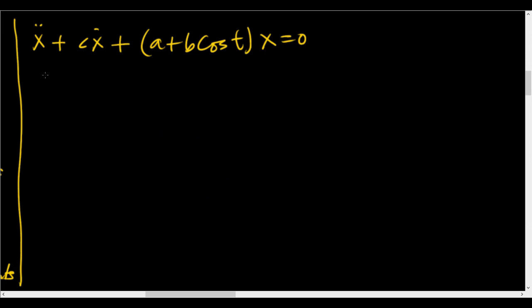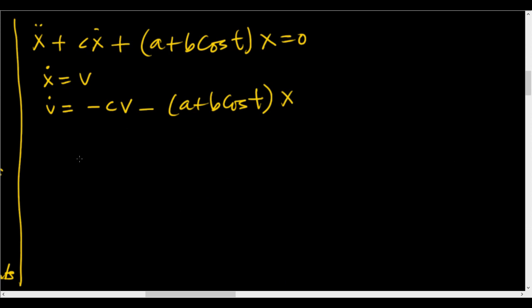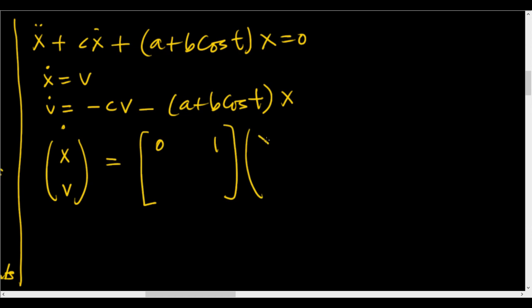Over here we will write x dot is equal to v, v dot is equal to minus c v minus (a plus b cos t) x, and that gives us x, v dot is equal to the matrix with rows 0, 1 and minus (a plus b cos t), minus c, times x, v.